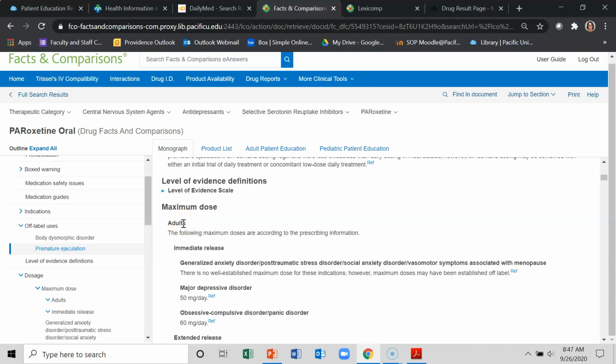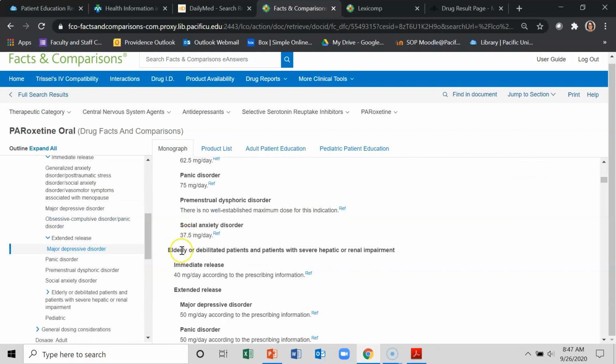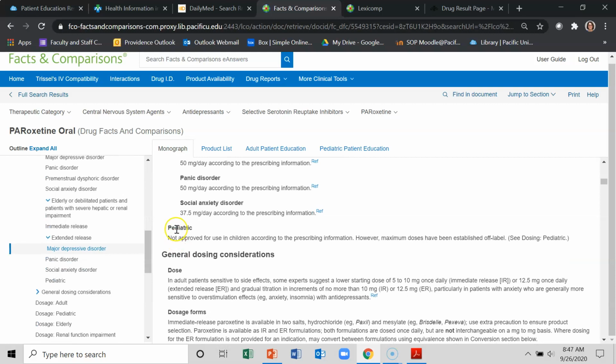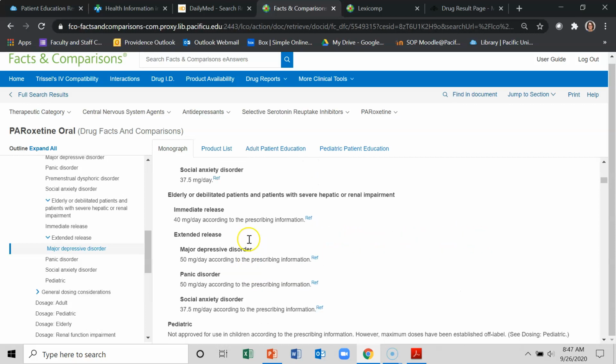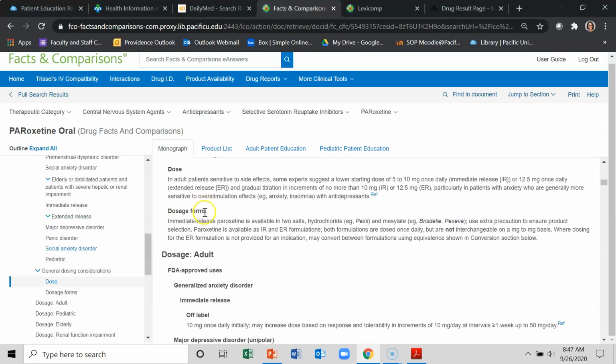So for example, here we can see that there's information about dosing for adults. There's some sub-information for elderly or debilitated patients. And for pediatrics, they say that there's really no information for this.